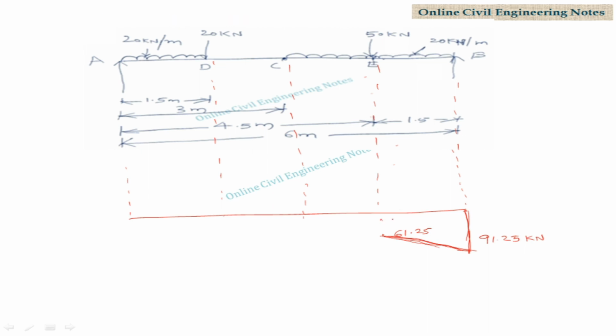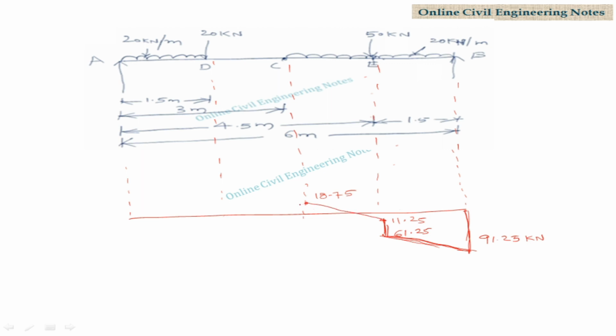It comes here, 11.25 kilonewton, and shear force just to right of C is 18.75. So this is the C point. Shear force just to right of C is 18.75 kilonewton. Join these 2 points.